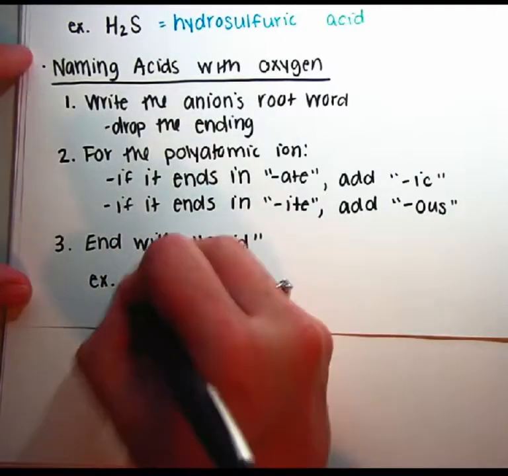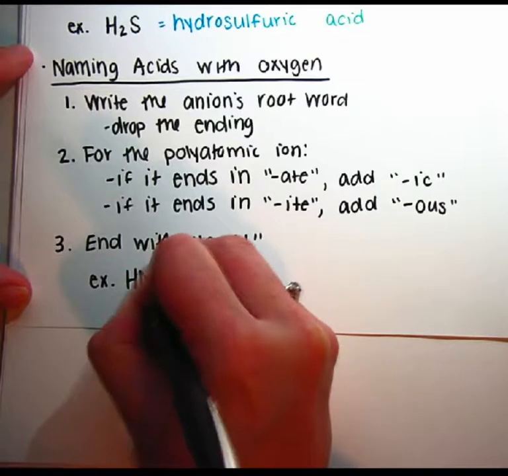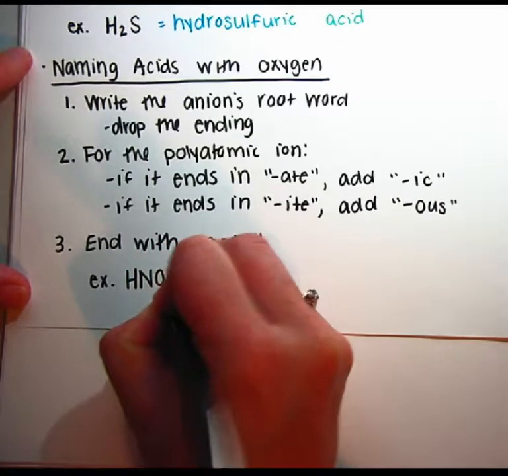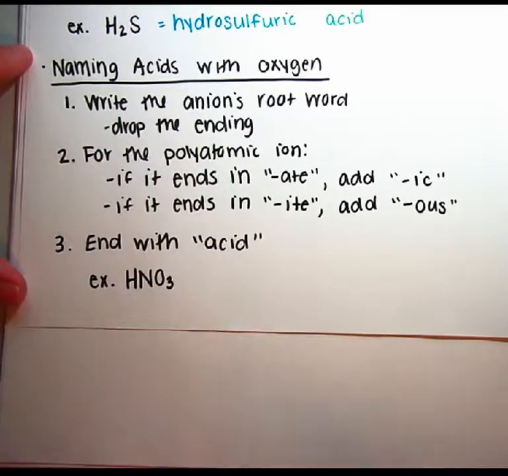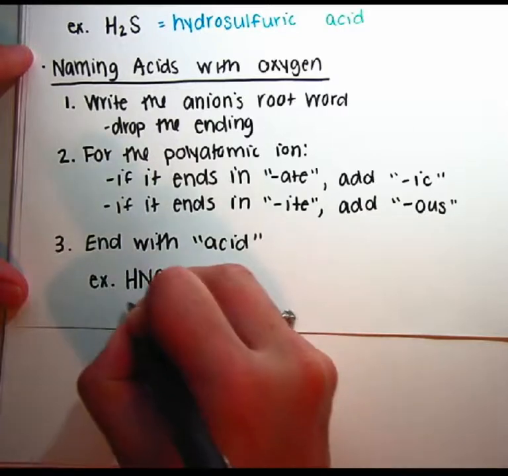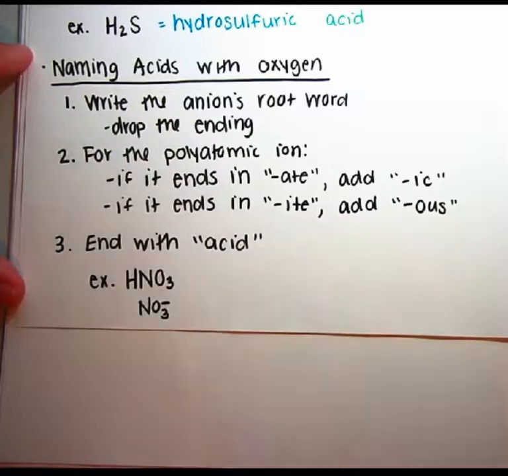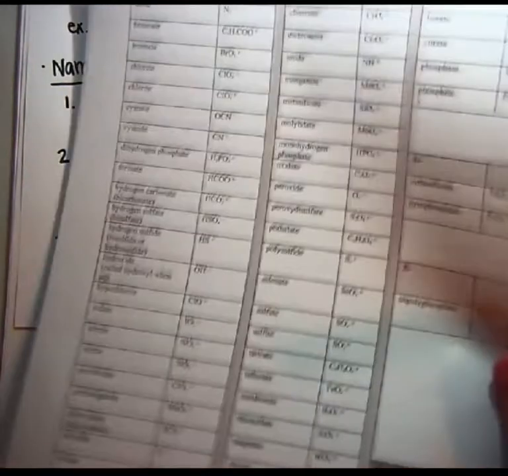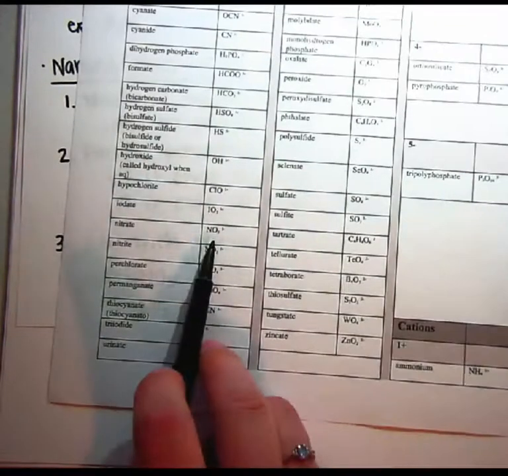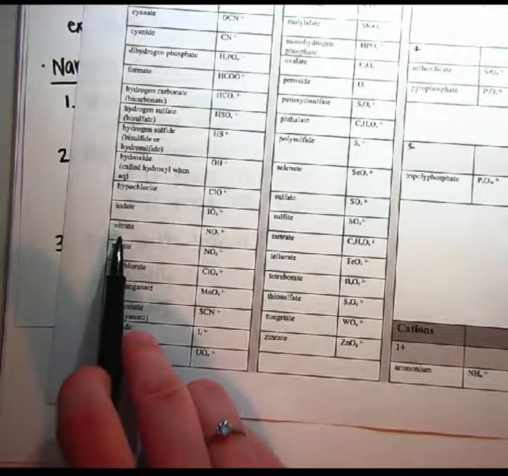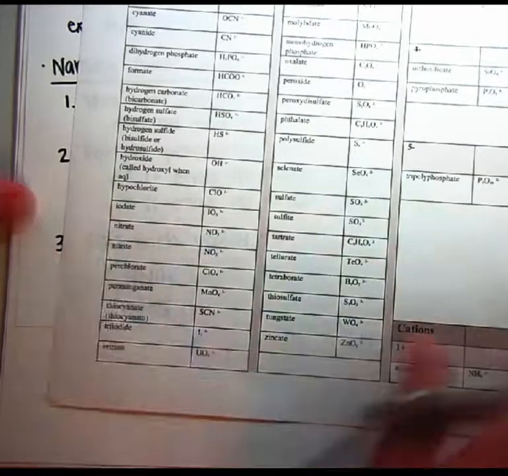So let's say I had HNO3. And if I were to look up NO3 on my polyatomic ion reference sheet, NO3 is nitrate.